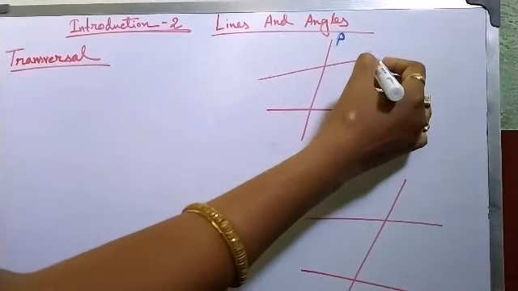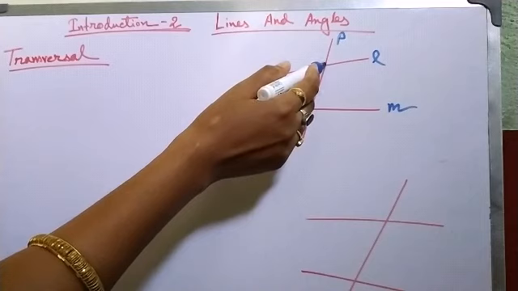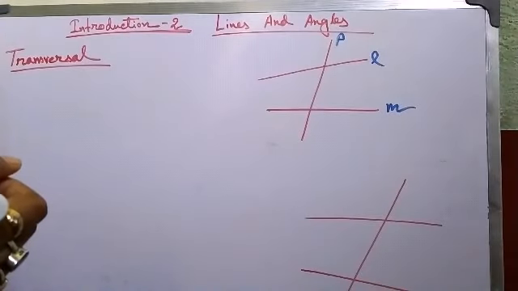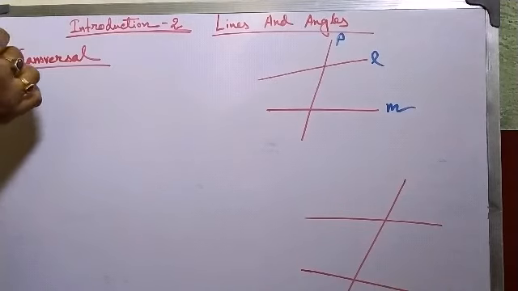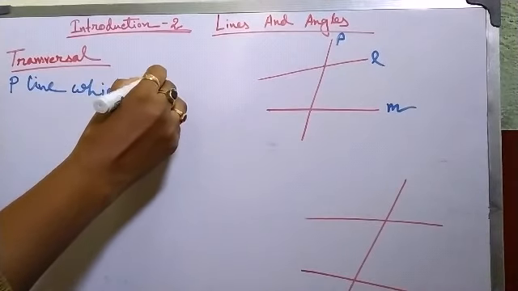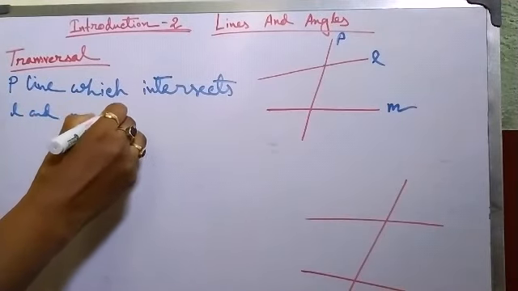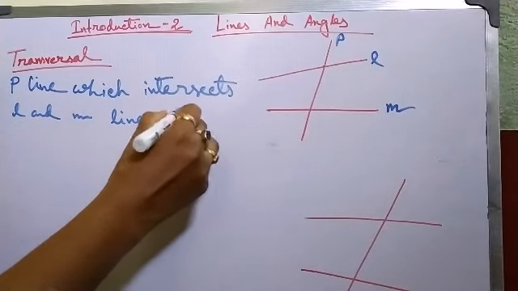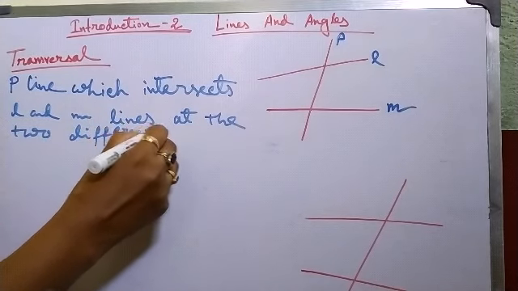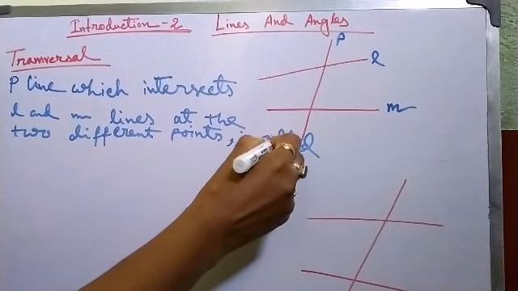When one line intersects two lines, that means two lines L and M, in two points, this line, that means line P, is called a transversal of the lines L and M. So the line P which intersects lines L and M at two different points is called a transversal.